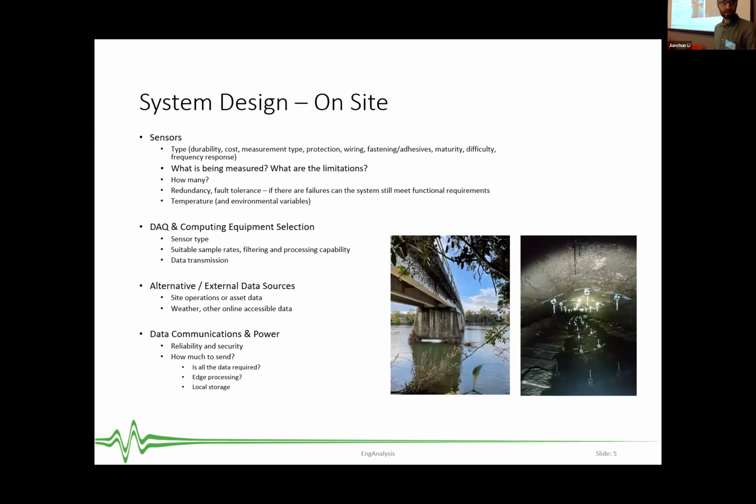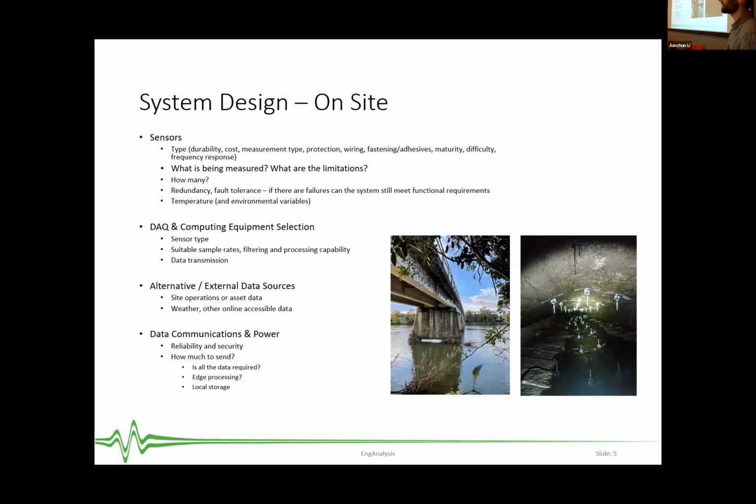So on site, really beginning with sensors, you more or less know what you want to measure, but then there's a bunch of decisions around the type. So you're looking at considerations in durability, cost, measurement type, whether you want strain, acceleration, and so on. Protection, so that's environmental.